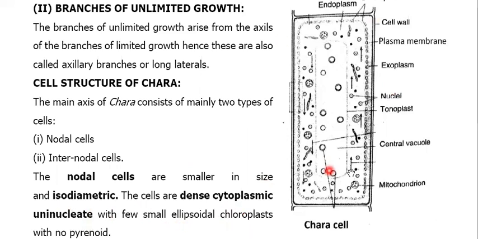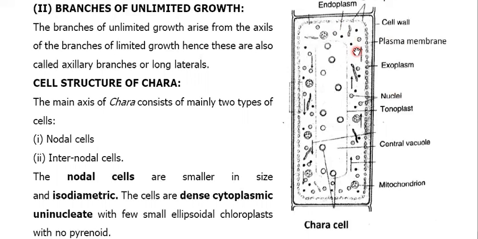This is the Chara cell. You can easily understand which types of organelles are present: the mitochondria, central vacuole, tonoplast, nuclei, exoplasm. Exoplasm is like the cytoplasm, the part surrounding the inner cytoplasm. Then plasma membrane, cell wall, endoplasm.